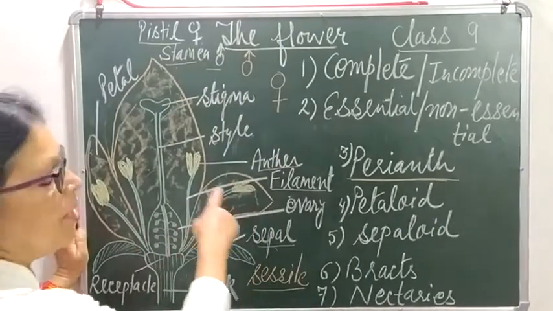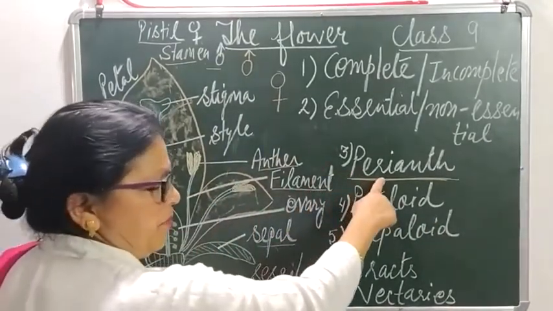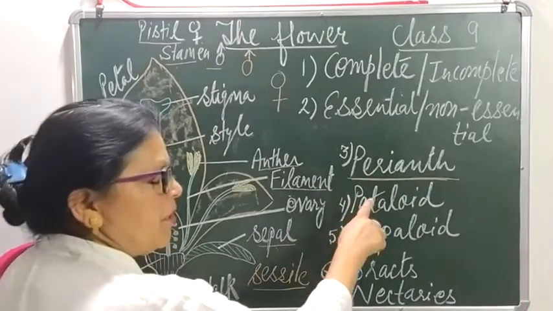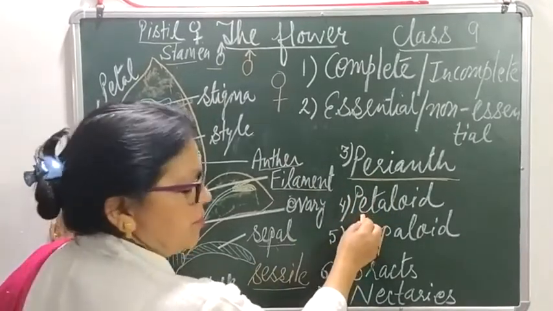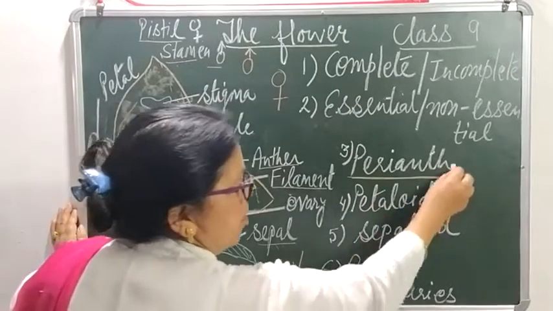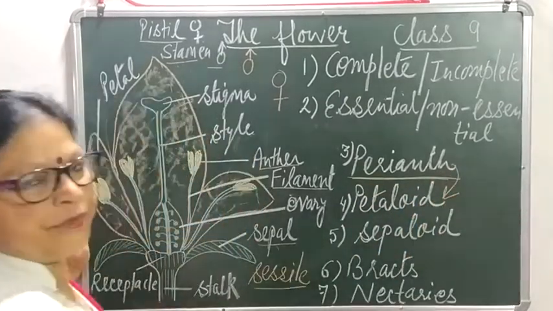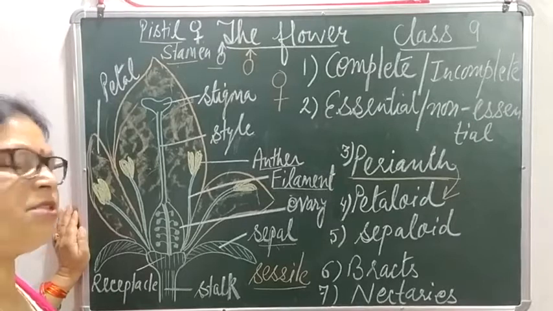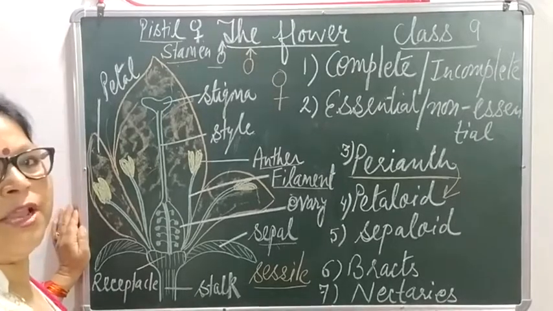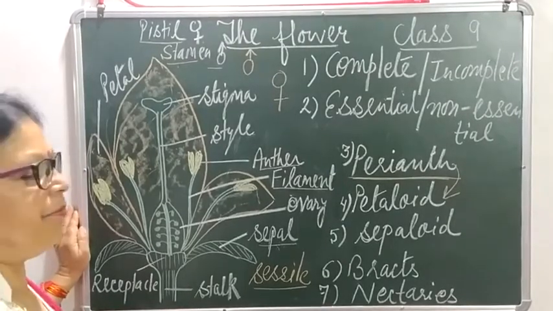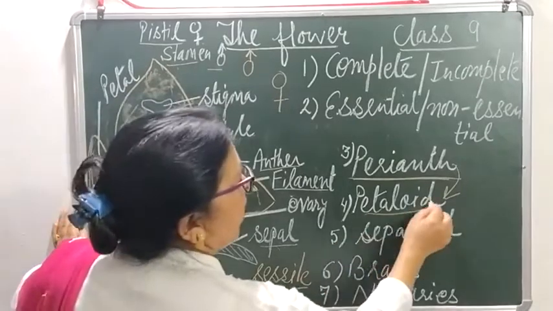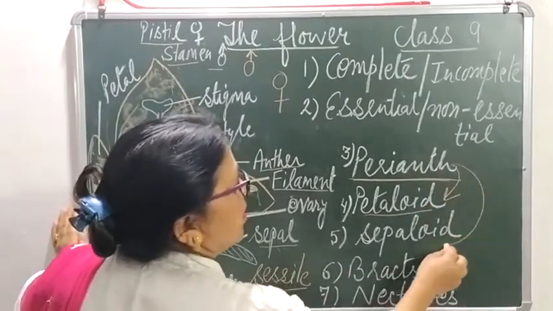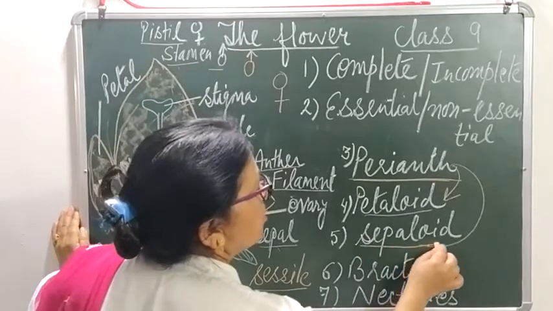Undifferentiated sepal and petal are called perianth. If this perianth is colored like petals, then it is called petaloid. And if the perianth is green like sepals, it is called sepaloid.